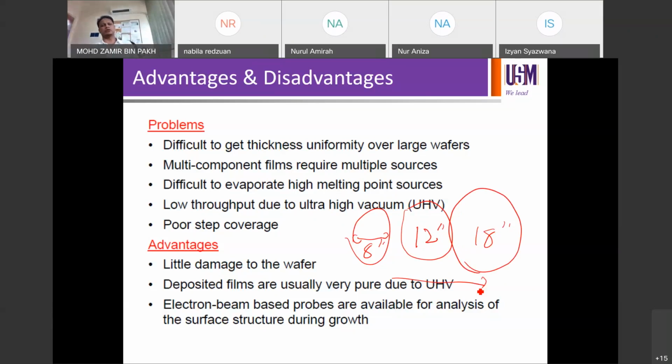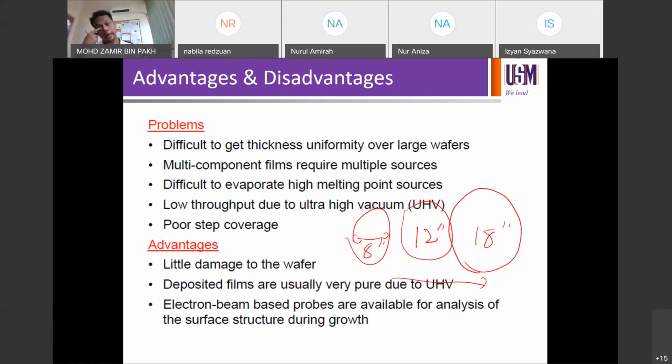It's harder to control uniformity across the wafer if your wafer is bigger and bigger, right? So if you use a line of sight deposition process, you need to make sure that the wafer is already big enough, even though it is placed at the center.